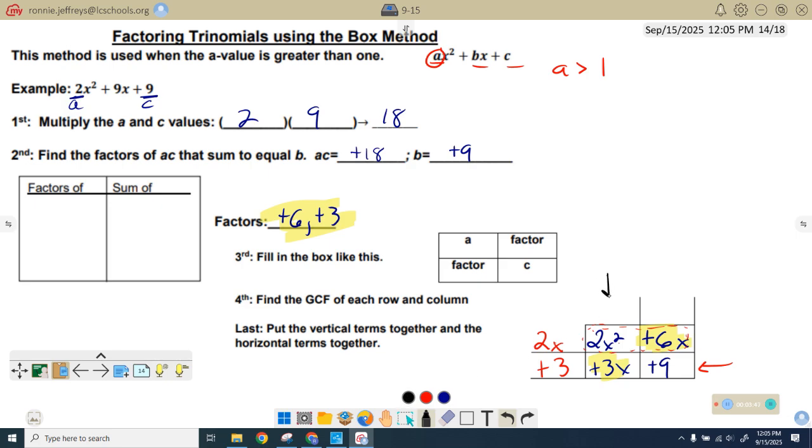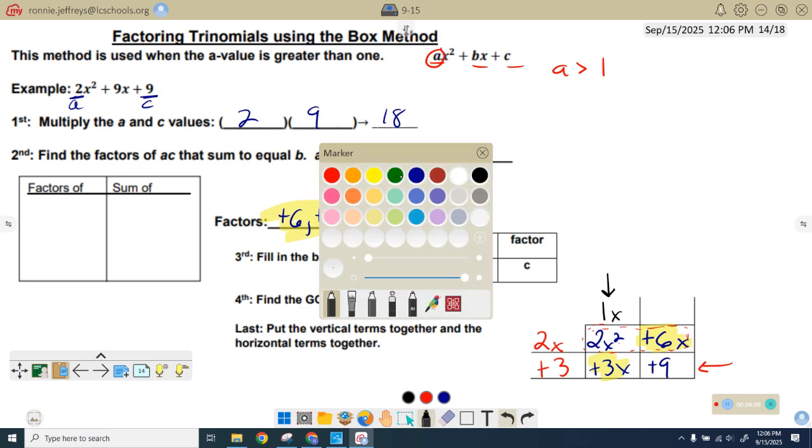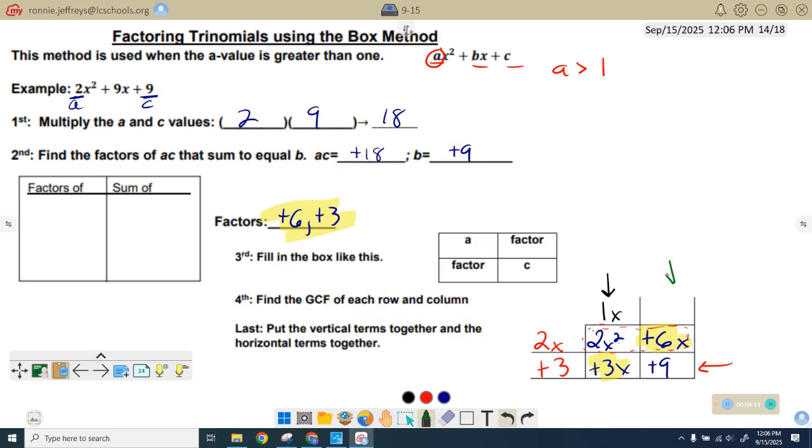Now we're going to look at this column right here. The only number that will really divide 2 and 3 is what? 1. Now, what about our x's? x or x to the first. Now, we're going to do this column.